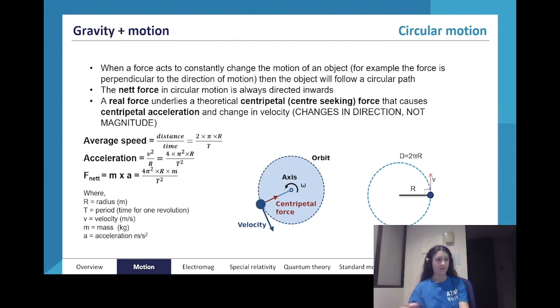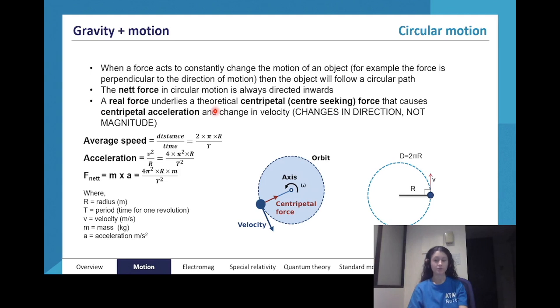Now that the conceptual stuff is out of the way, let's get into the formula specific stuff. As you can see here, the real force underlies a theoretical centripetal force that causes centripetal acceleration and a change in velocity.